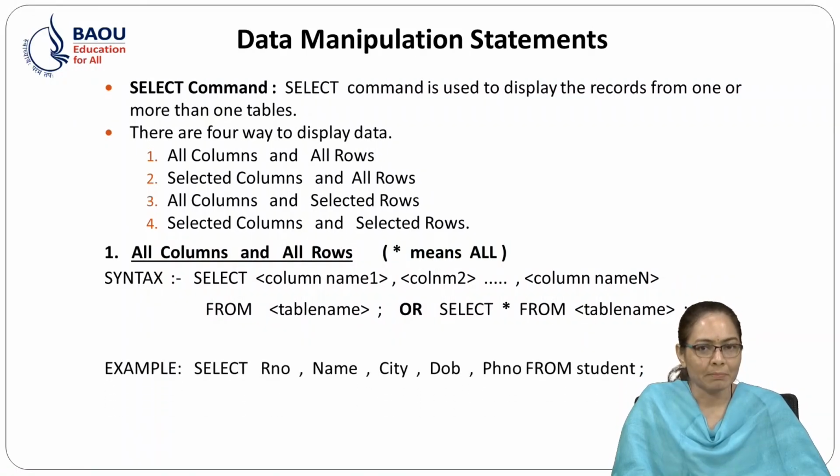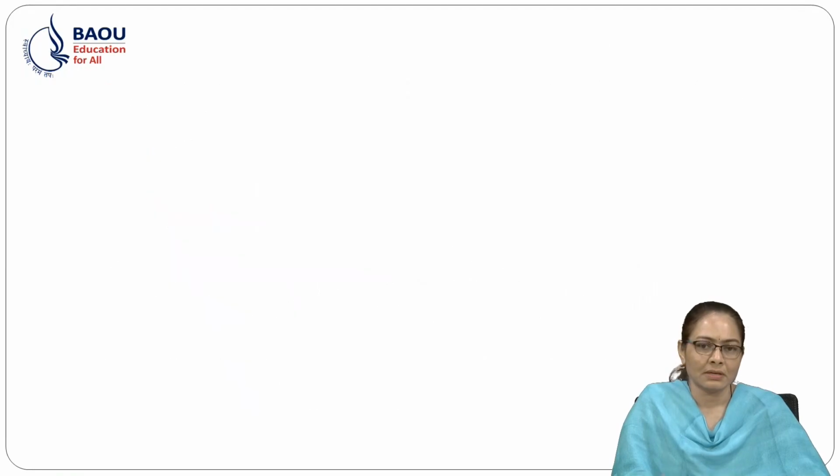See the example, select roll number, comma name, comma city, comma date of birth, comma phone number from student. Or we also write select star from student. So it will display all the records of the student table, all the columns and all the rows.